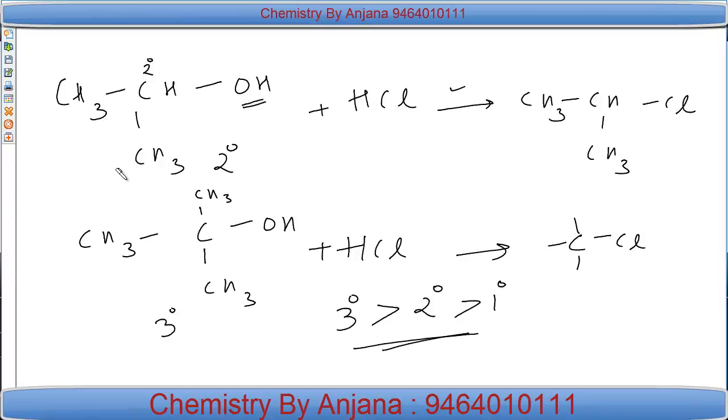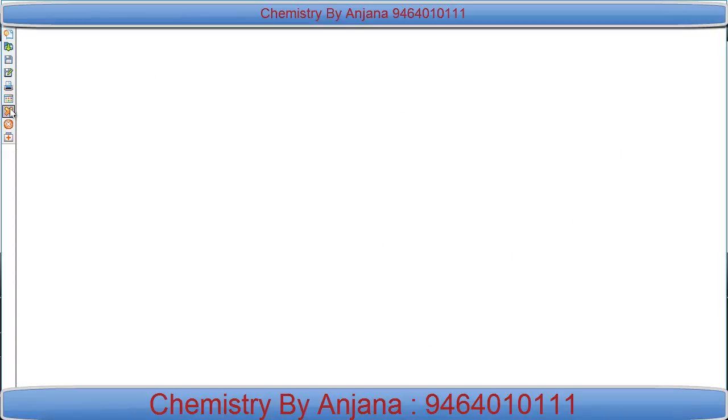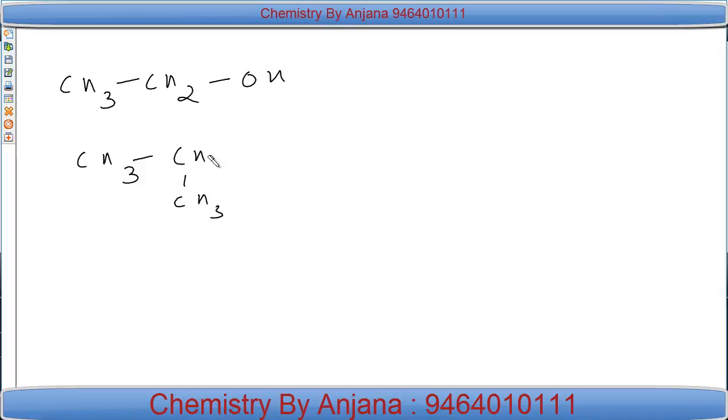And the reason for this, let's discuss. If I'm choosing a primary alcohol, CH3, CH2, OH, and then a secondary alcohol, we are going to compare what happens in all, which decides the ease of this reaction. This is secondary, and then finally I'm writing over here a tertiary alcohol.